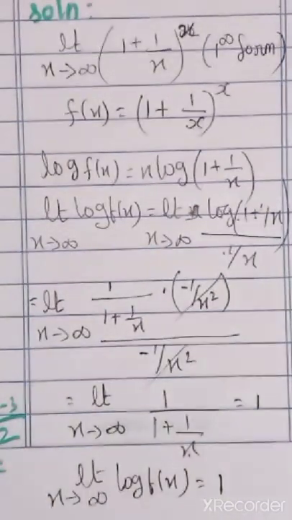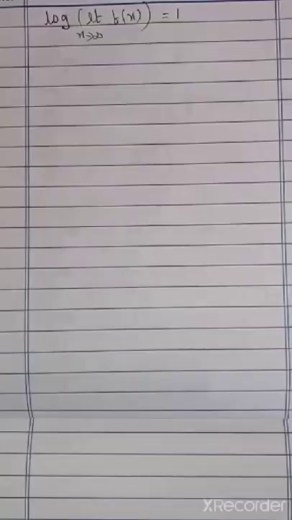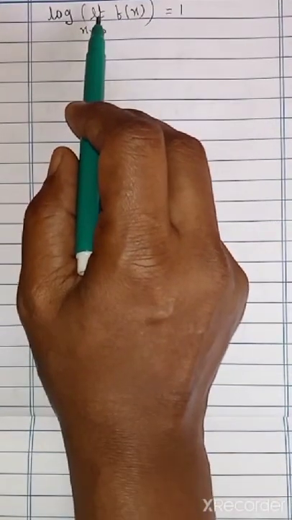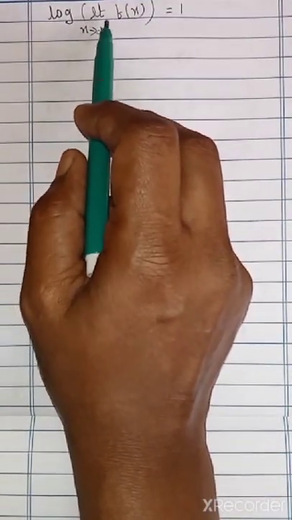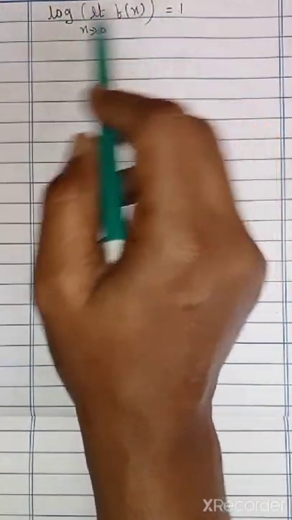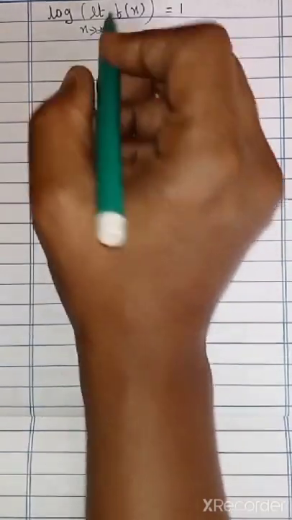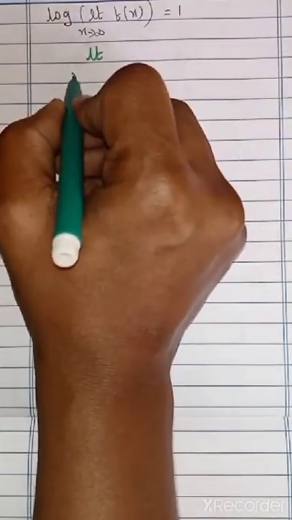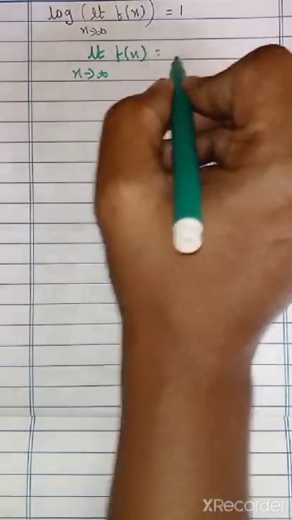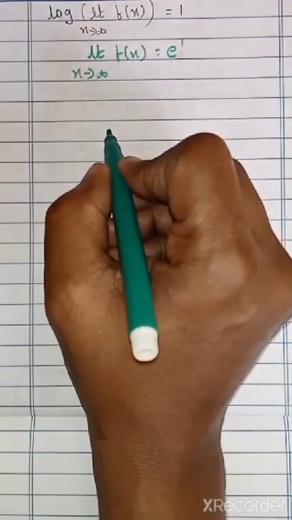So taking log outside, you will get log of limit x tends to infinity f of x equal to 1. And again taking exponential on both sides to remove the log, you will get limit x tends to infinity f of x equal to e power 1, right?